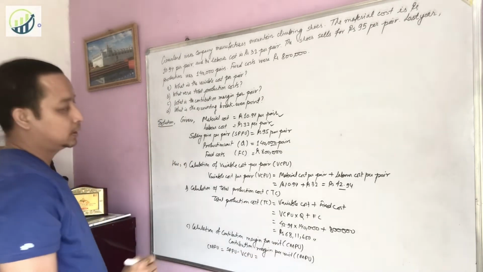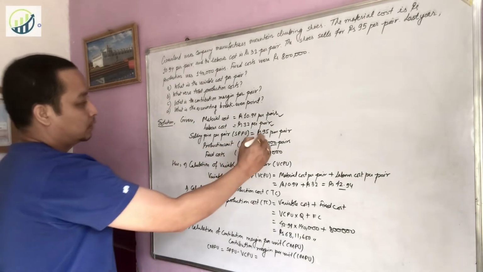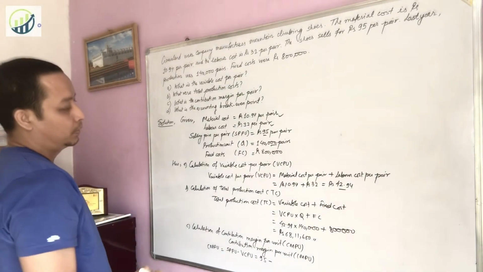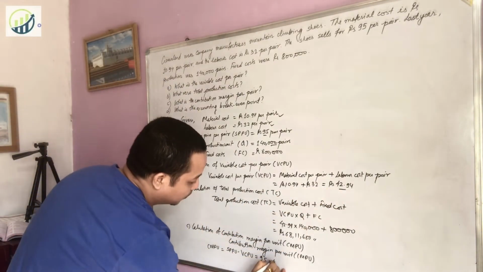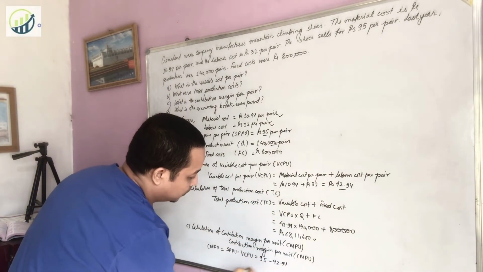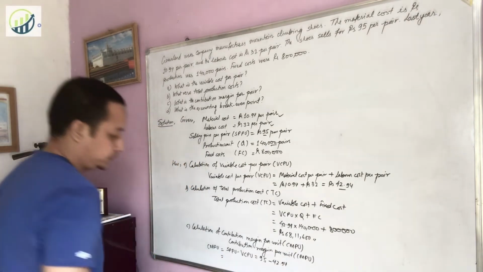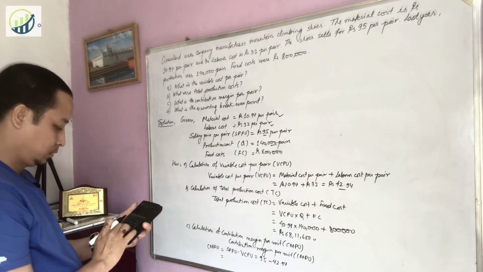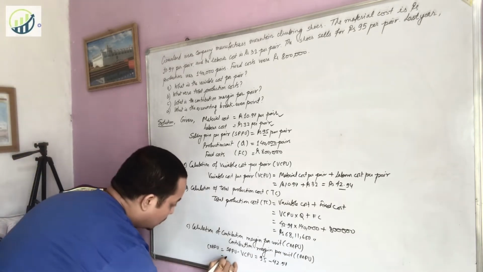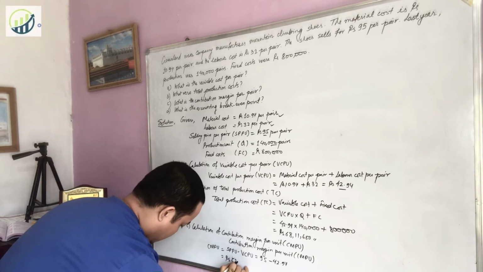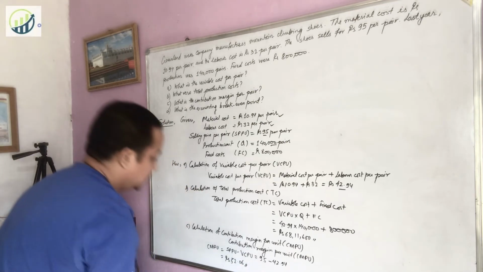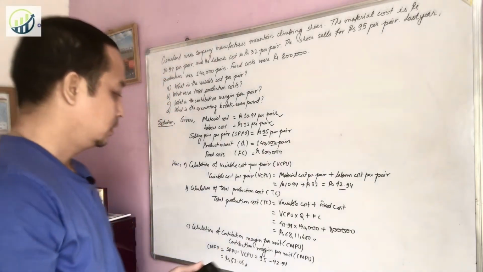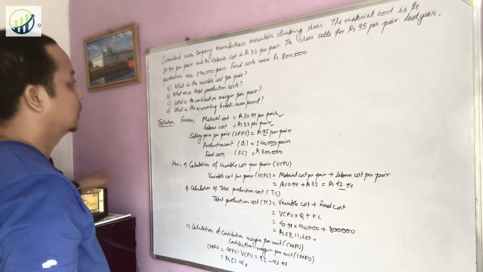So that will be your selling price per unit. You are given in the question here 95 minus variable cost per unit 42.94. So that is your 52.06. So this is your contribution margin per unit for producing one pair of shoes.